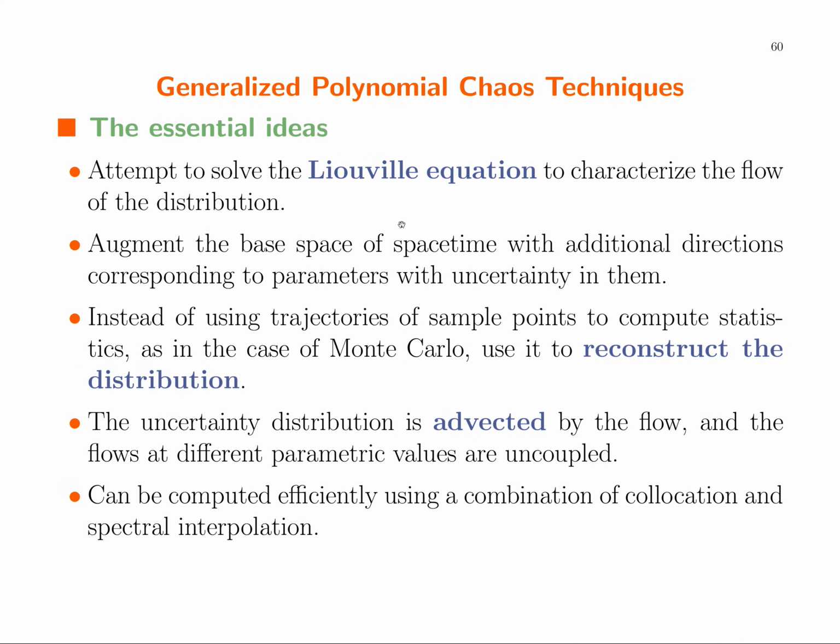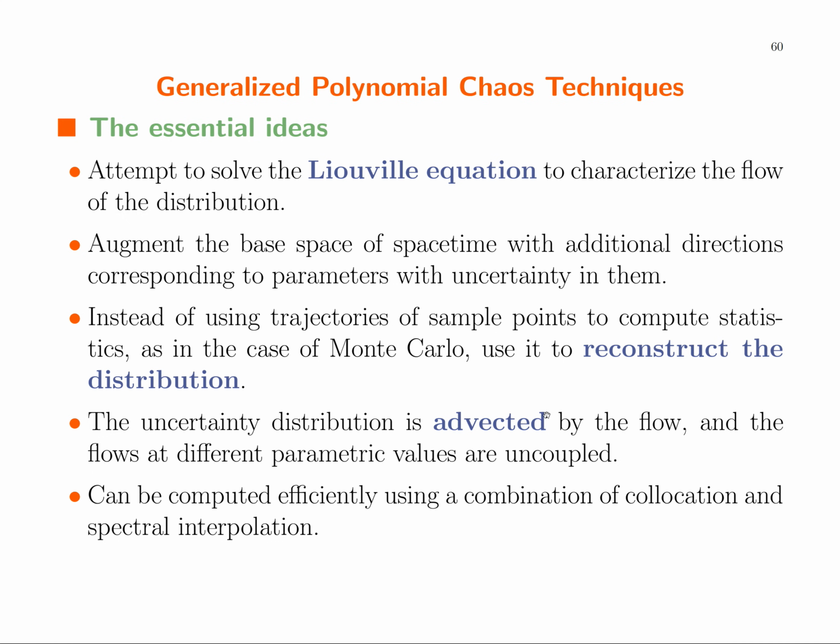The essential idea is to solve the Liouville equation to characterize the fluid distribution. You look at the space-time and augment it with additional directions corresponding to the random variable spaces. Then, instead of using trajectories or sample points to compute statistics, as you do with Monte Carlo, you use them to reconstruct the distribution.